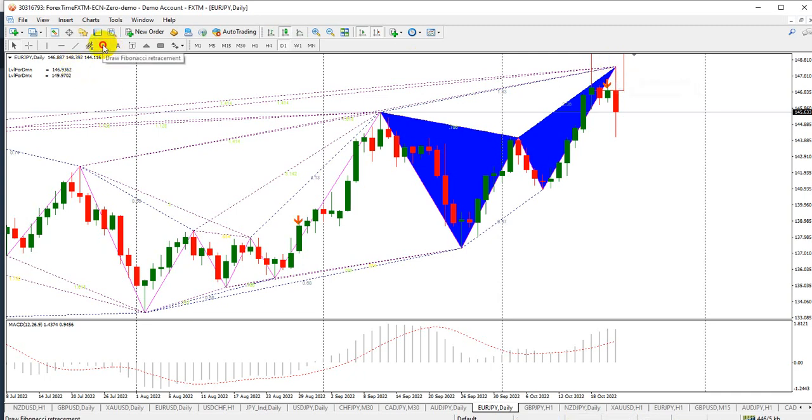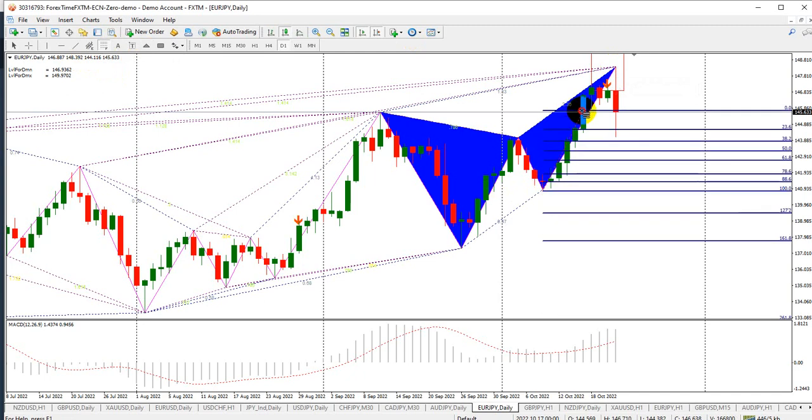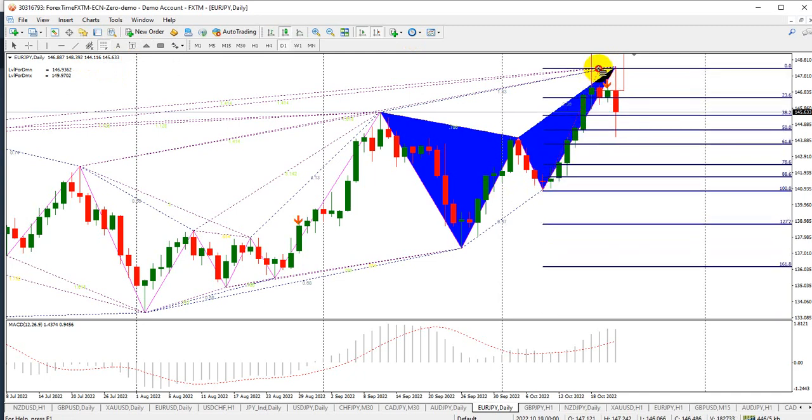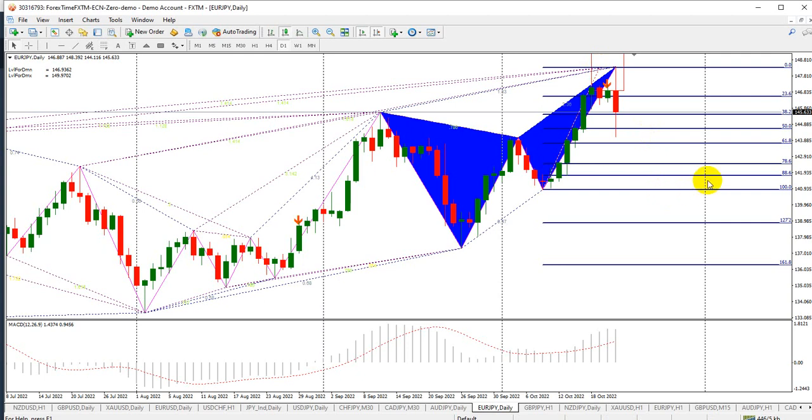So at the moment, let's see the movement from the last low and see the retracement where it has gotten, where it has touched 61 point. So it didn't touch 61.8. So meaning that price will most likely go more down this coming week. So for me, Euro JPY will move more down.